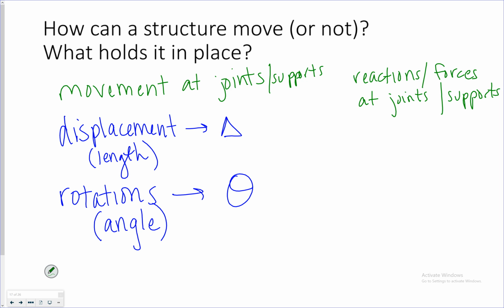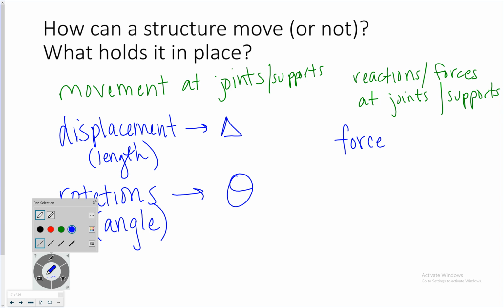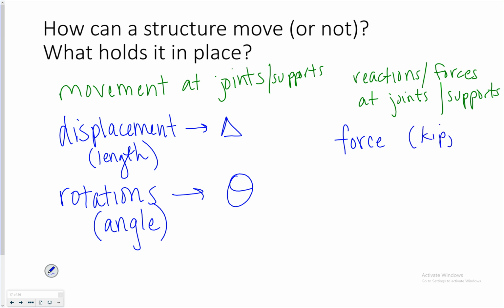Those reactions or forces are preventing the movement of a structure. And typically we measure that in units of force, like kip or Newton, or moments, like kip-feet or Newton-meters.